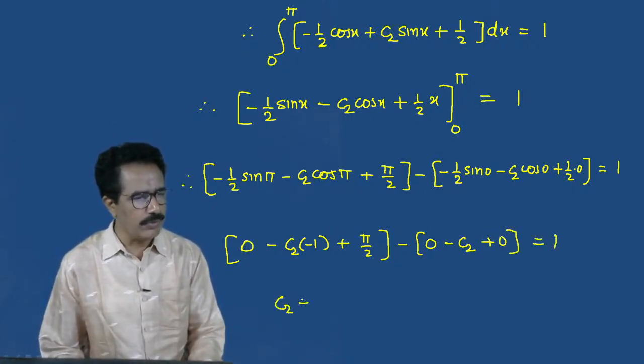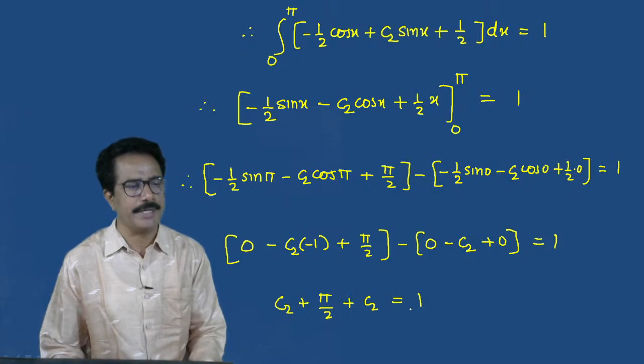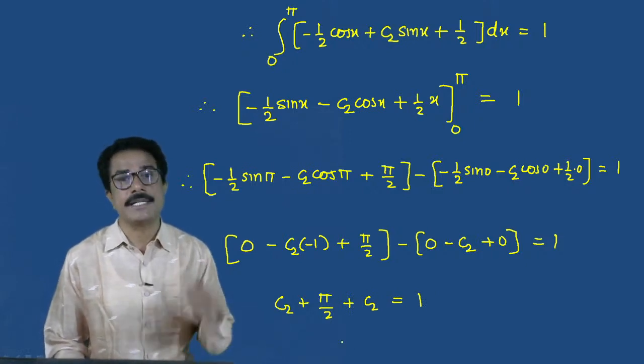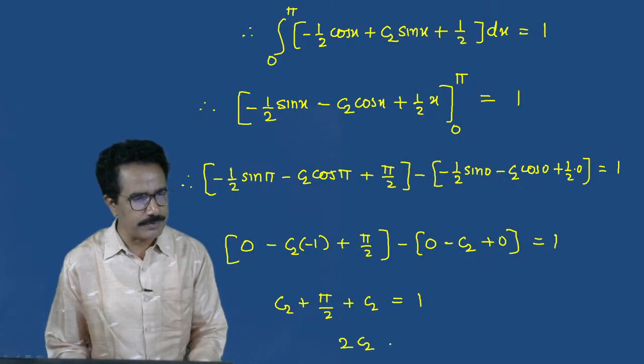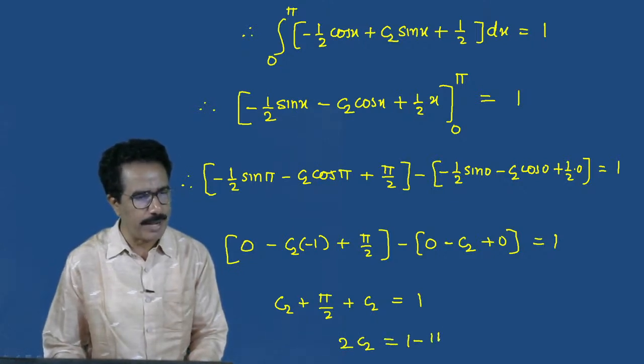So C2 plus pi by 2 plus C2 is equal to 1. बरोबर आहे का? चेक करा. नाही आलं तर विचारा. So 2 times C2 is equal to 1 minus pi by 2.